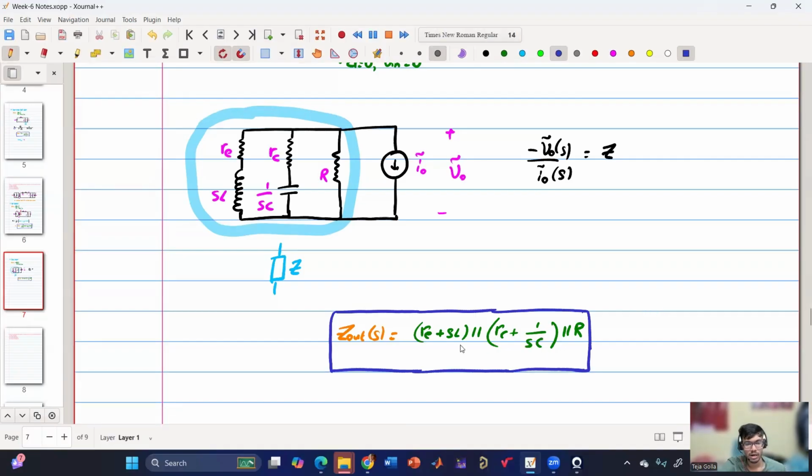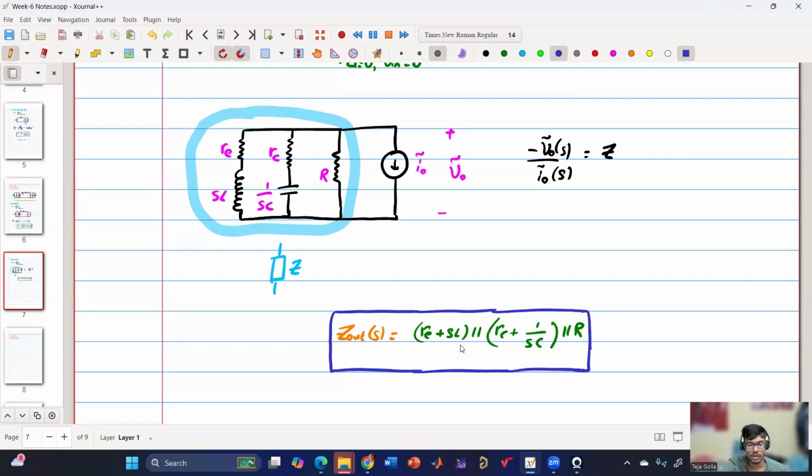So that will increase the number of terms and it might lead to a few additional poles as well as additional zeros. But if the values are smaller, then the poles and zeros will be far away from the imaginary axis, so they will not have any impact. In that case, you can ignore them. But if the value of RE as well as RC is relatively higher, then they'll come close to the imaginary axis and they will have an impact on the response of the system.